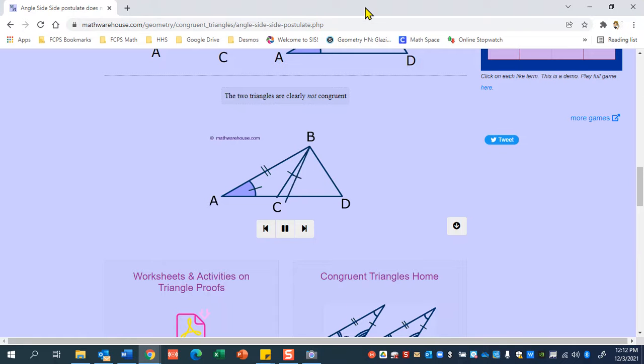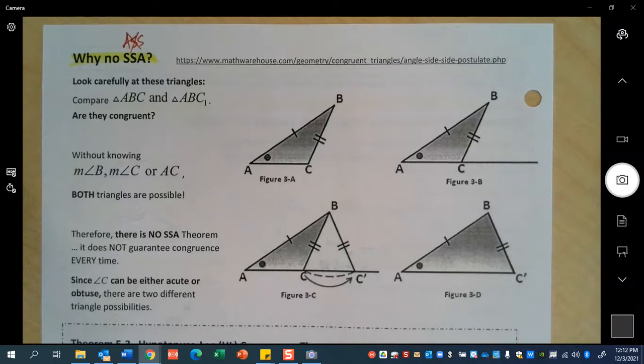So because those two possibilities exist, I need to know which triangle you are talking about. This one here where it's acute or where it's obtuse, or this one here where this distance is much longer and this angle is acute.